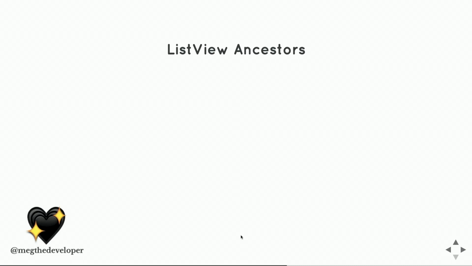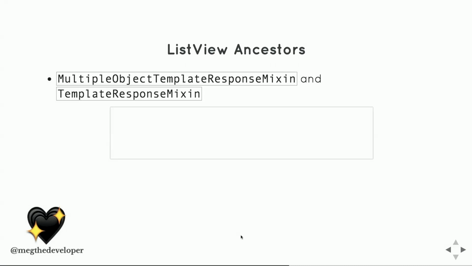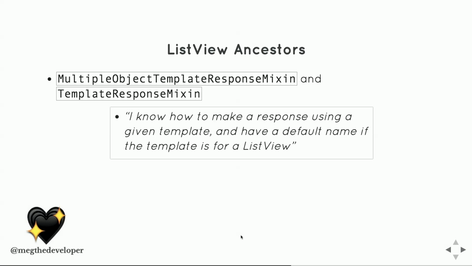ListView has some other cool ancestors that are in addition to the TemplateView ancestors that we saw earlier. It inherits from the MultipleObjectTemplateResponseMixin, and as a result also the TemplateResponseMixin, which is basically, I know how to make a response using a given template, and if I have a default name for the template, I messed that up, but you see where I'm going with that.